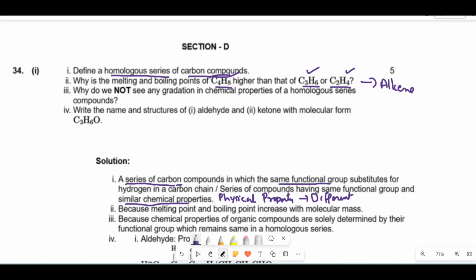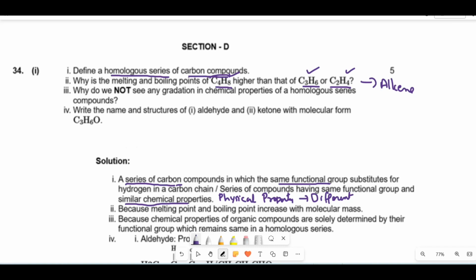C4H8 has 4 carbon and 8 hydrogen, but in the other two the numbers are less. When the number of atoms increases, the molecular mass increases. So we must give more energy to make them melt or boil. That's why the melting and boiling point will be higher for the higher members.